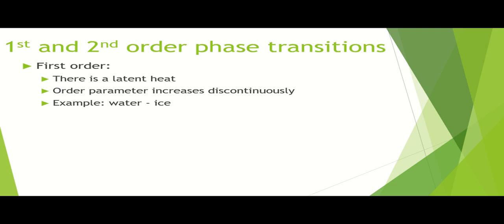It increases discontinuously for a first order transition. A typical example is the water to ice phase transition, or ice to water, and then vapor to water and water to vapor. Those are the typical first order phase transitions, where you know that the latent heat of vaporization and latent heat of melting is involved.